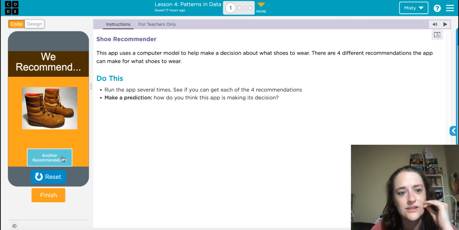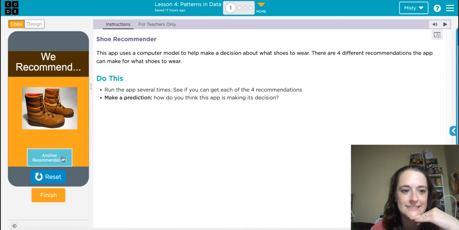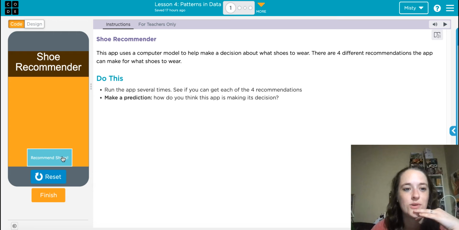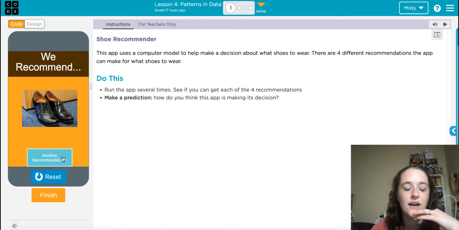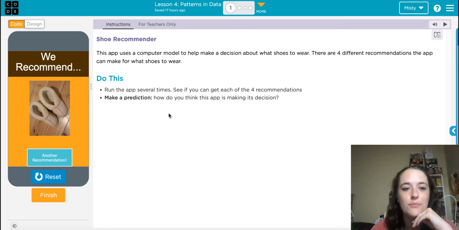Okay. Well, at least that's 3. Okay, we're getting them again. So I wonder what the 4th one is. Oh, there we go. Some dress shoes I would definitely never wear. All right, make a prediction. How do you think the app is making its decisions?